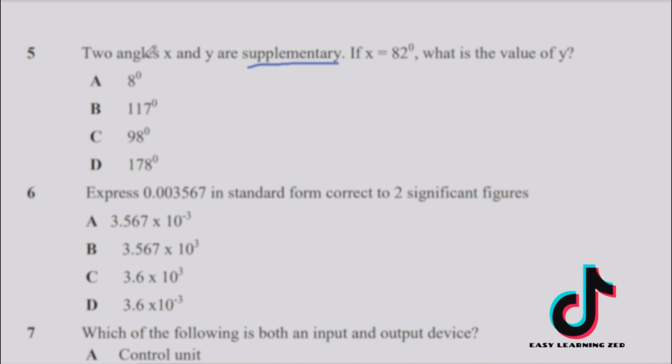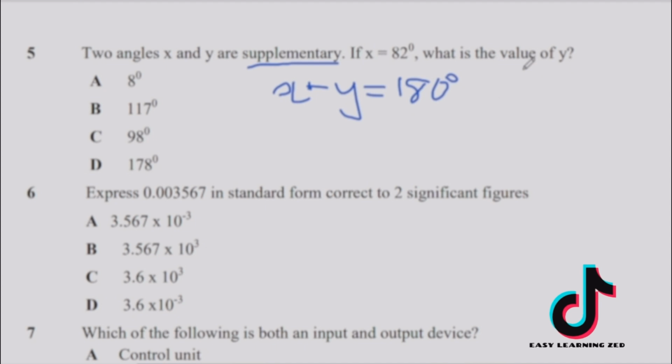We are told 2 angles which are x and y, so we're going to say x plus y is equal to 180 degrees. Then we can check our question, which is if x is equal to 82.